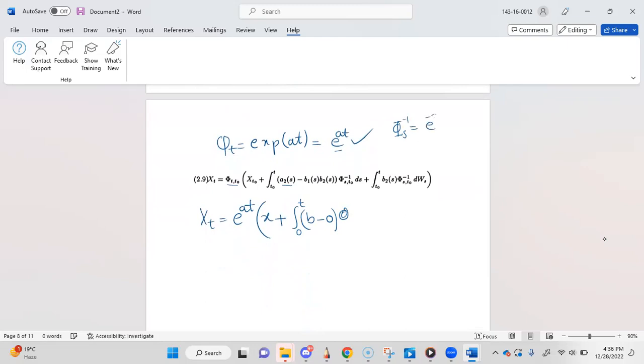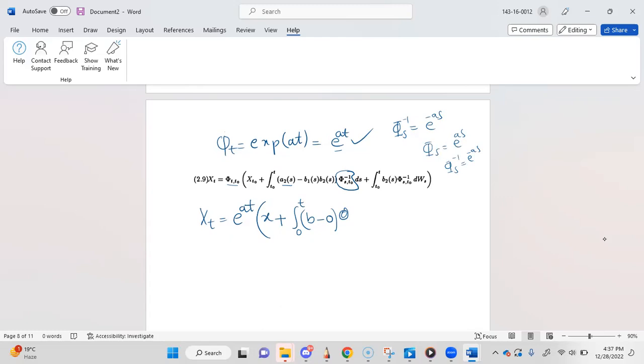So this is going to be e to the minus as. What is our phi s? It is going to be e to the as. If it is phi of t, then you just take its inverse. So it's e to the minus as.